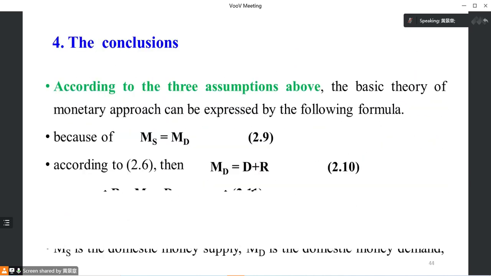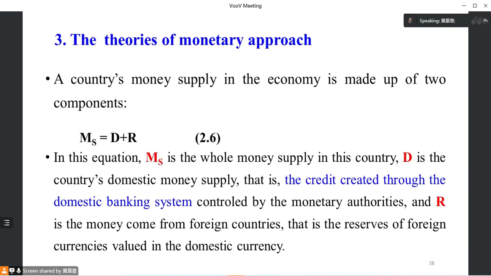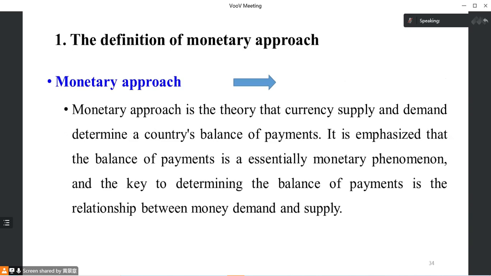So we can go back to see the definition of the monetary approach. The monetary approach gives us an explanation of how we can understand the current account surplus and deficit.